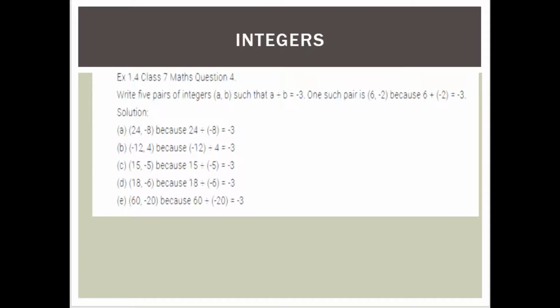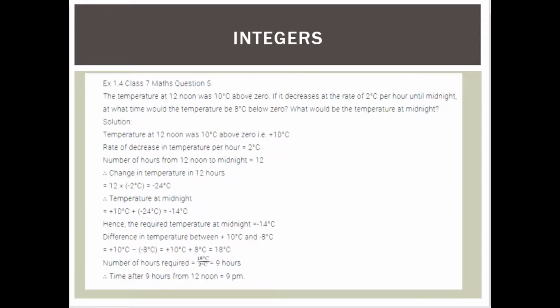Similarly, 18 divided by minus 6 is minus 3. 60 divided by minus 20 equal to minus 3. We need to find such 5 pairs. I have written 5 pairs, but it is not necessary to use only these numbers. You can use any other pair also, but after division you should get minus 3.